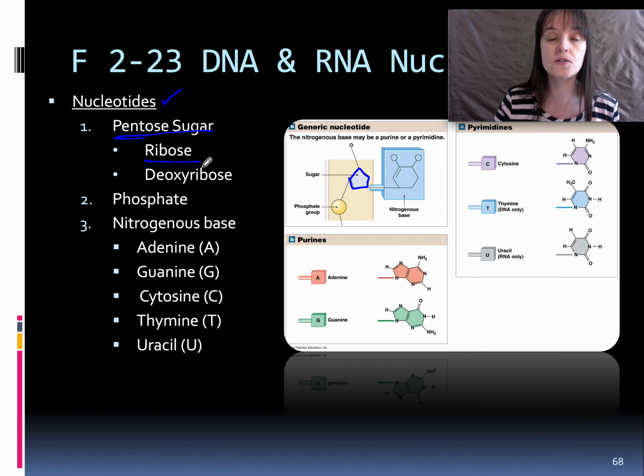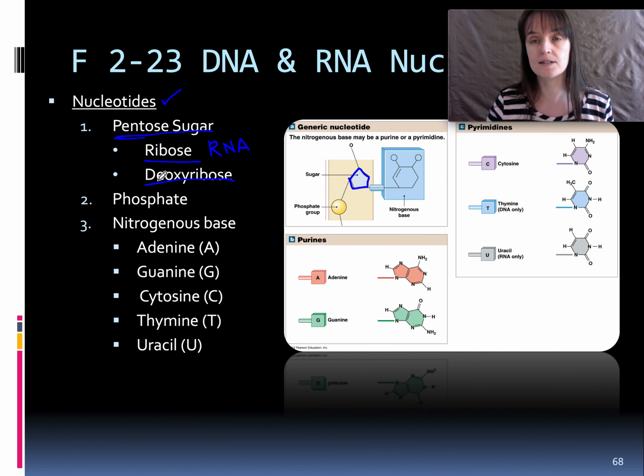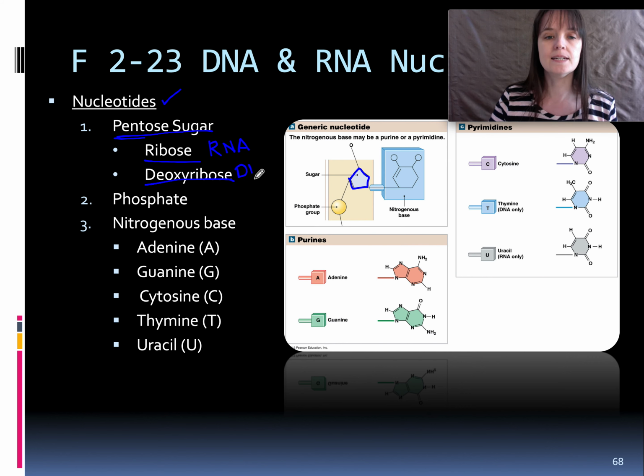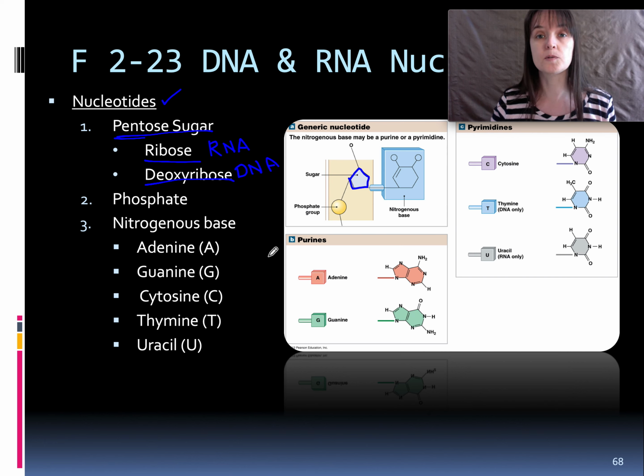One is ribose in ribonucleic acid, also known as RNA, and one is deoxyribose, so the same but minus an oxygen, D without oxygen, deoxyribose, and that's DNA. So that's why the name differs between RNA and DNA. It's a different sugar, so it's named for the sugar that's different. Either ribose in RNA or deoxyribose in DNA, and then there's a phosphate group and a nitrogenous base.